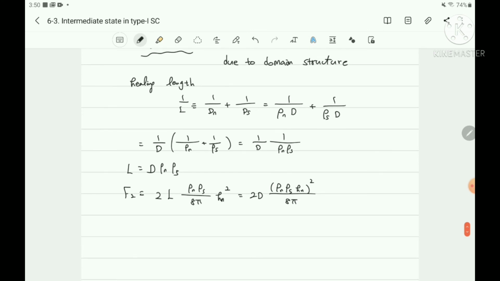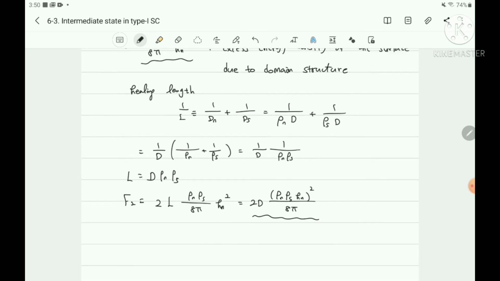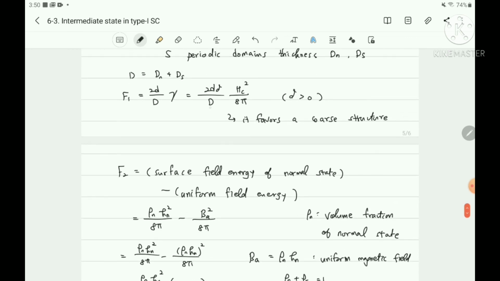We calculated F2 here and F1 here. Let's copy.